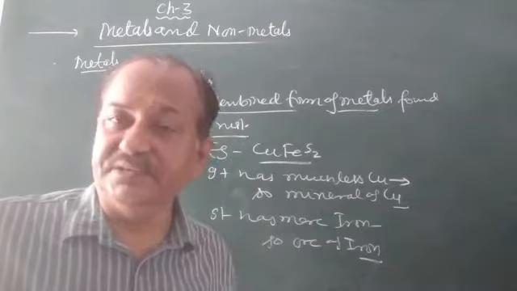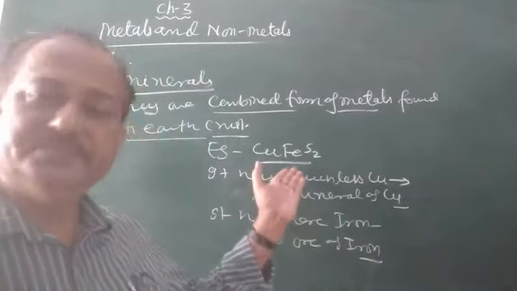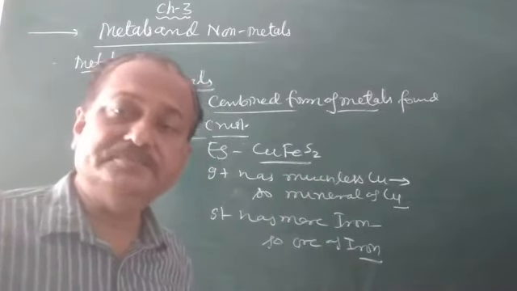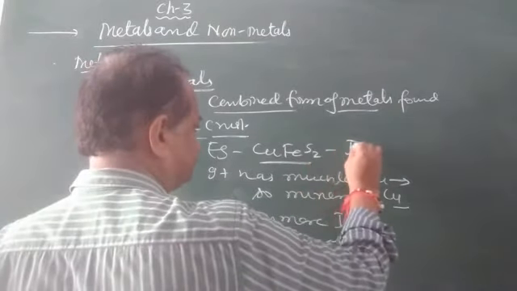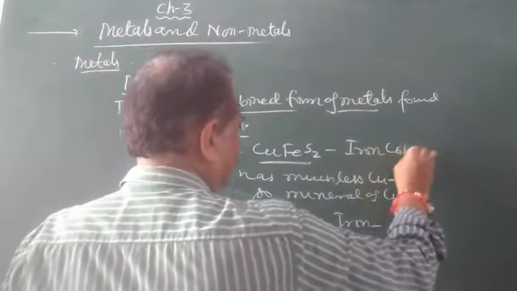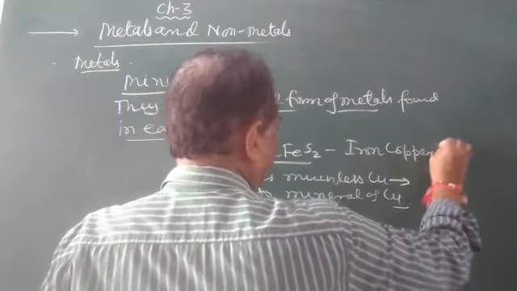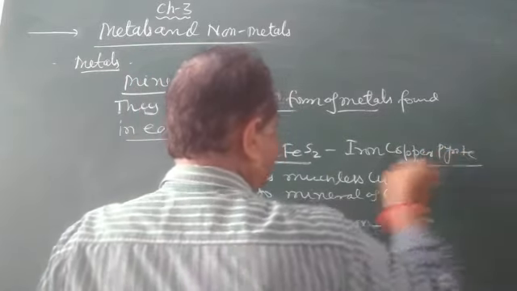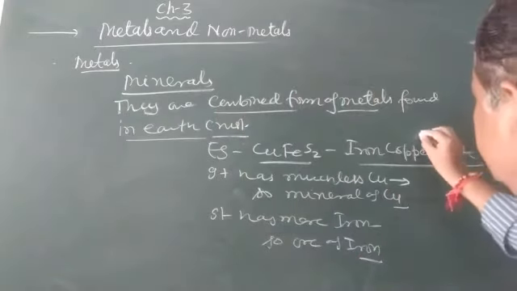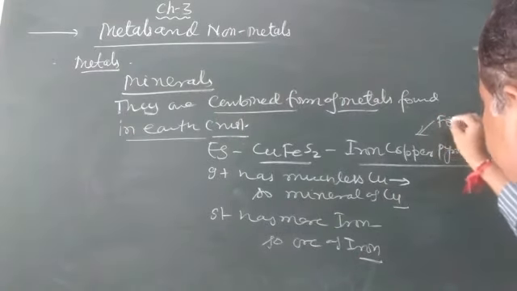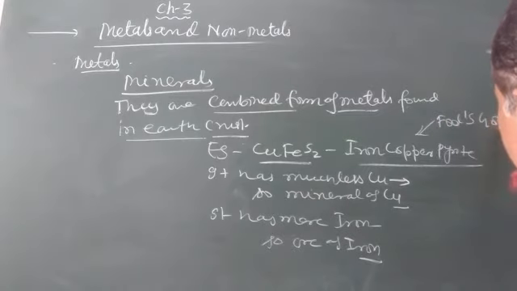Nowadays techniques have been developed, and so copper is also extracted from this. This is iron copper pyrite, and it is also called fool's gold.